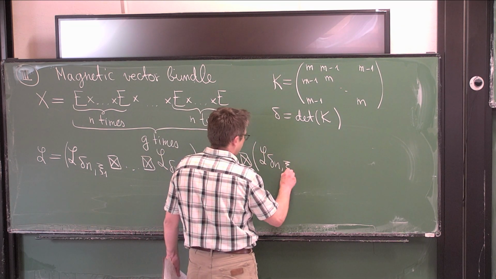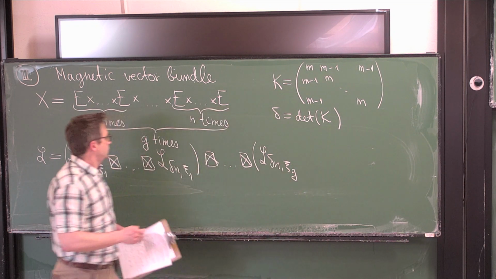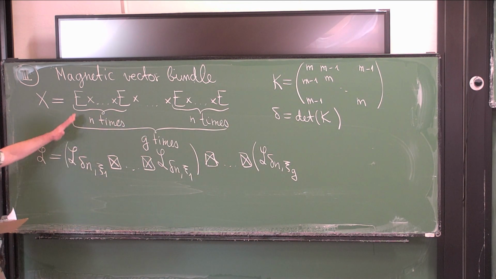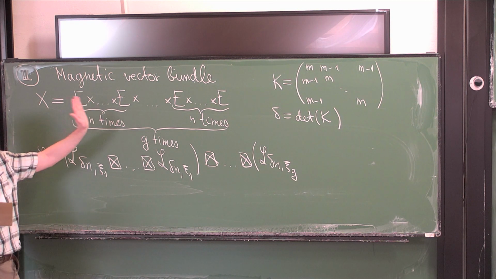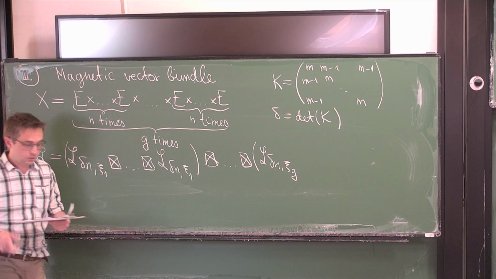This is an external tensor product, which means that I have a line bundle on each factor, pull it back to X, and tensor all such factors.